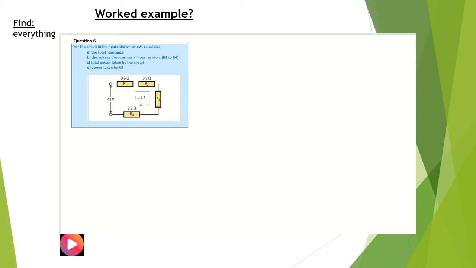Okay, straight out of the question sheet, or should I say worksheet 6, question 6. This question is asking for you to find the total resistance, the voltage drop across all 4 resistors, the total power taken by the circuit, and the total power taken by R3.